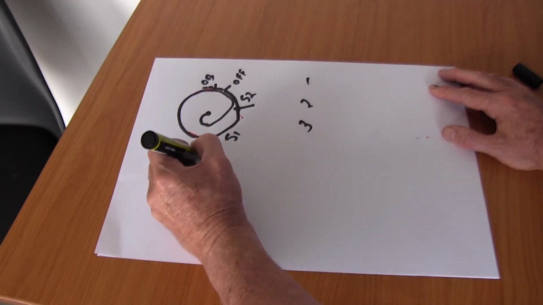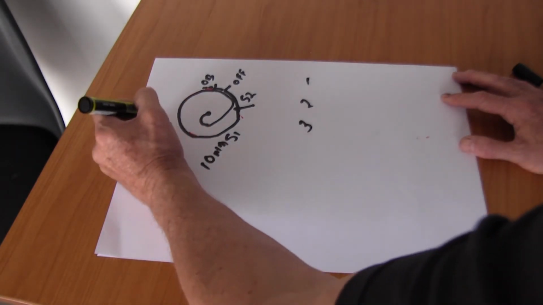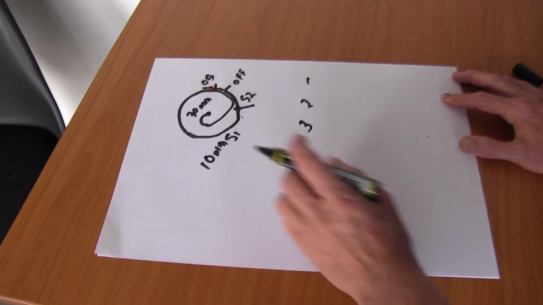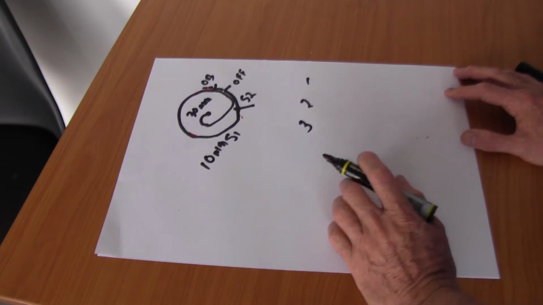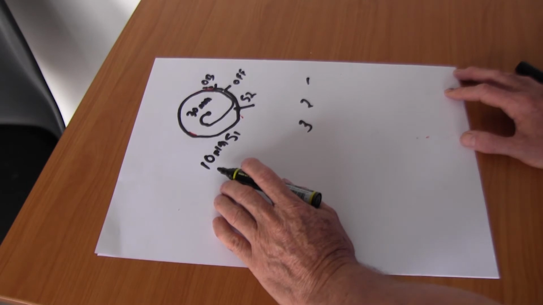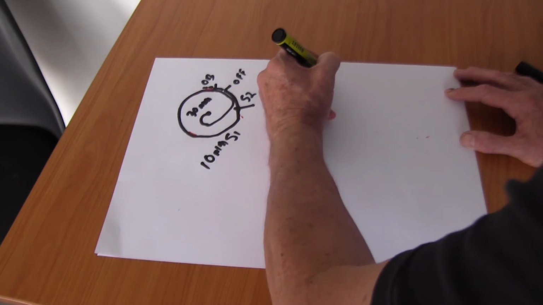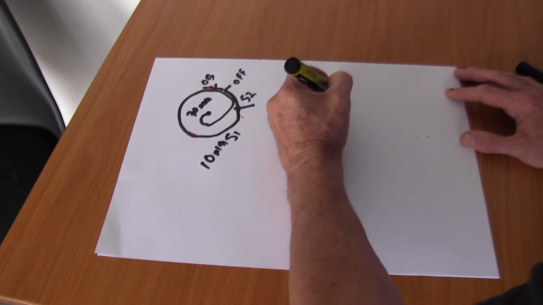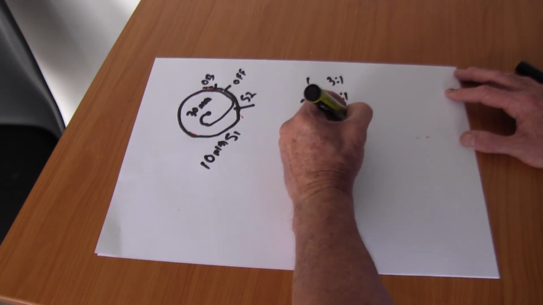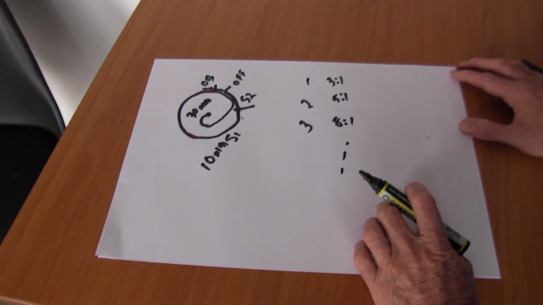So if we said this was 10 millimeter material, and this was a 30 millimeter diameter hole, then the ratio of diameter to thickness is 3 to 1. So the first setting we might have in our database is 3:1, and then we might have 5:1, and we may have 8:1, and we may have more entries down here if we need to.